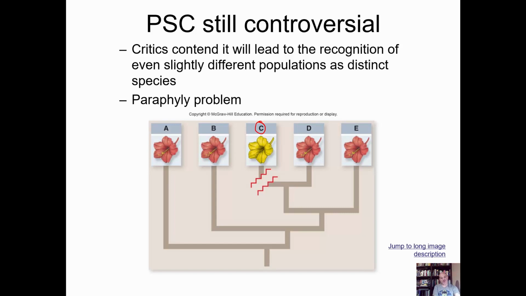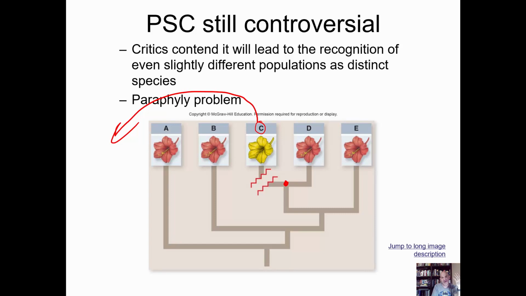Enough rapid change that if we apply the phylogenetic species concept to this issue here, we might see enough difference and say, look, yellow flower color is a good enough derived character to say this is a separate species. So now we take this out. It's not even the same species, and we just put it on a different branch now and say it's a different species, when actually it shared common ancestry with D, very close common ancestry.